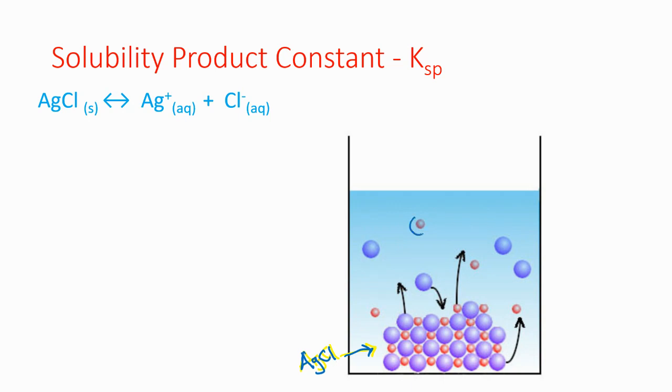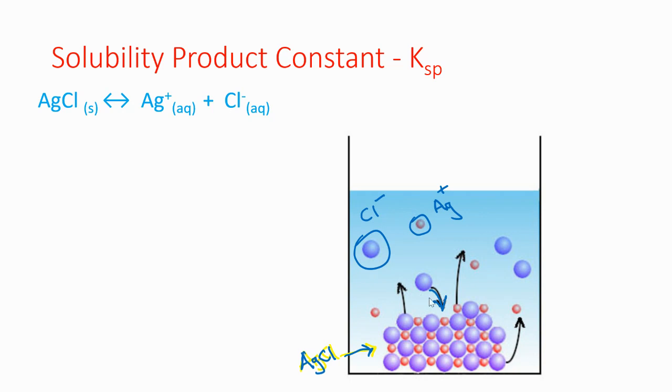So for instance, right here, I have an Ag plus ion. Plus ions tend to be smaller. That's how I knew it was that one. And I have a Cl minus ion. And there's a constant back and forth taking place between these dissolved ions and the solid. And so you'll notice things like this. The Cl minus ion right here is going back to rejoin the crystal lattice structure.